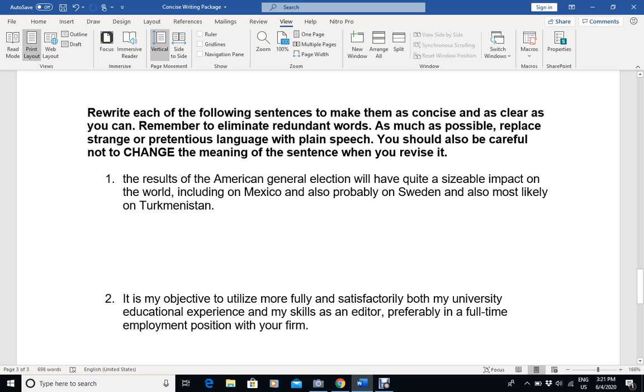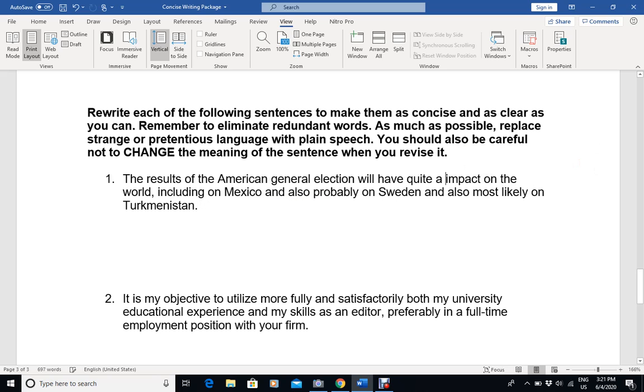Okay. Now we can get rid of some filler words, words that don't really need to be there. Sizable, quite a sizable. And if we think about the repeating words, redundancy, which was, I think, rule number 4, here it says the results of the American general election.